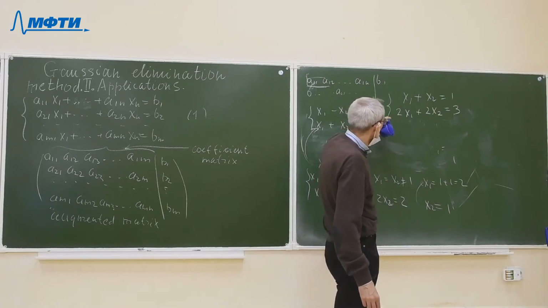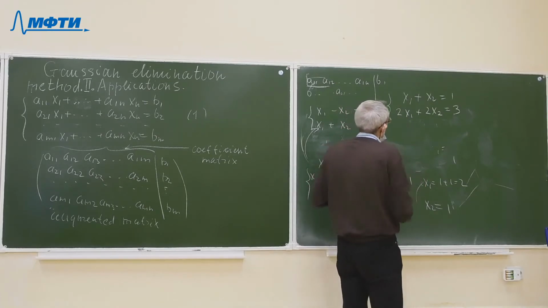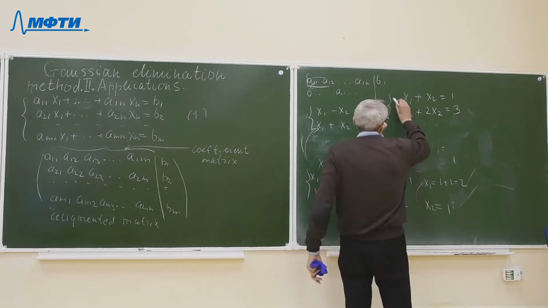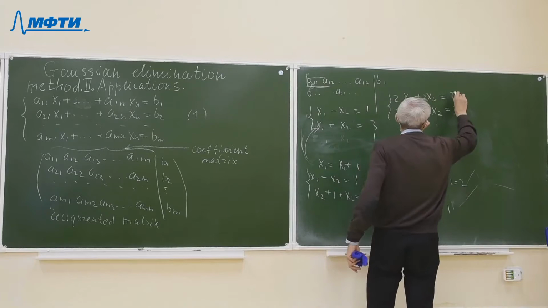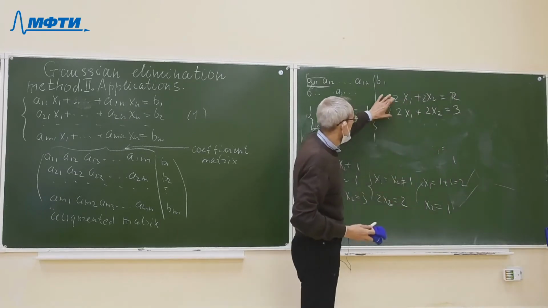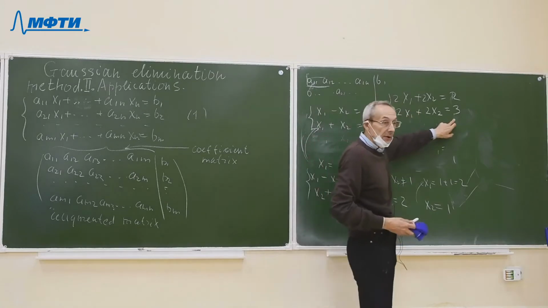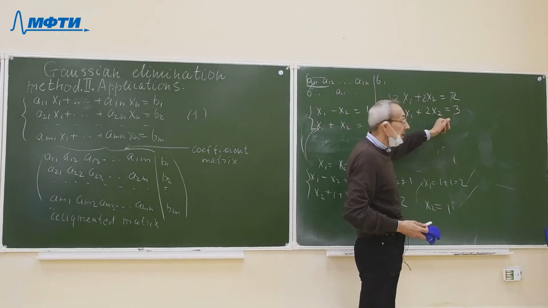If I multiply the first equation by 2, I obtain an equation which has the same left side and a different right side, and this linear system is non-consistent.